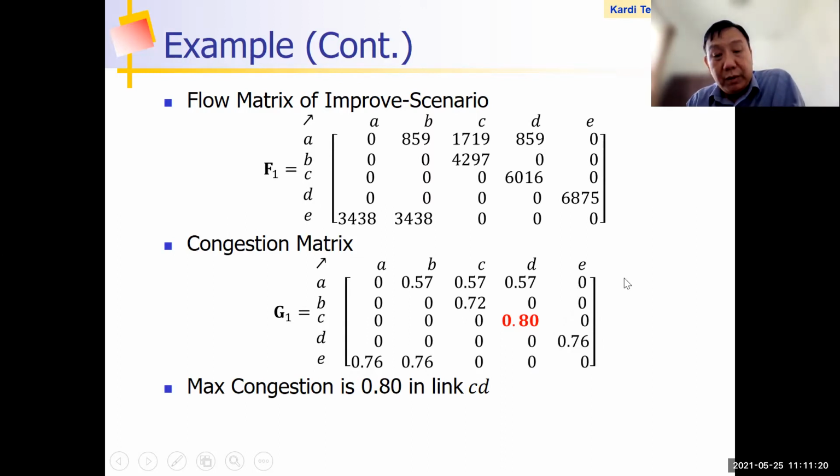So it actually improved. Congestion level is improved not by increasing the number of lanes, but by reducing the number of lanes. So this is where the IFN works for you to think.